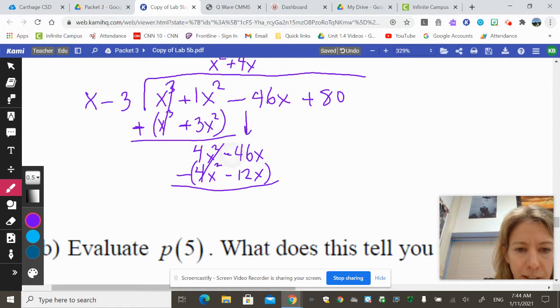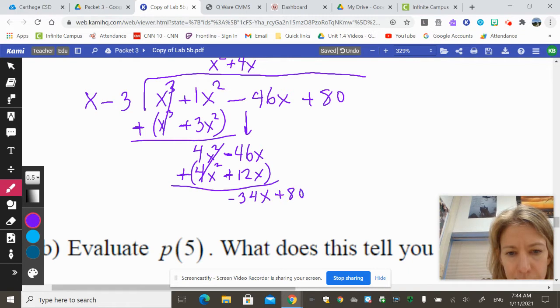So first terms cancel. Again, this is a negative 46 minus a negative 12. So it's the same thing as negative 46 plus 12. I'm going to subtract, and I'm going to get negative 34x plus 80. Go back to the top. I have to have a negative 34 here to get my first terms to match. So I have negative 34x. And then a negative 34 times a negative 3 will give me a positive 102.